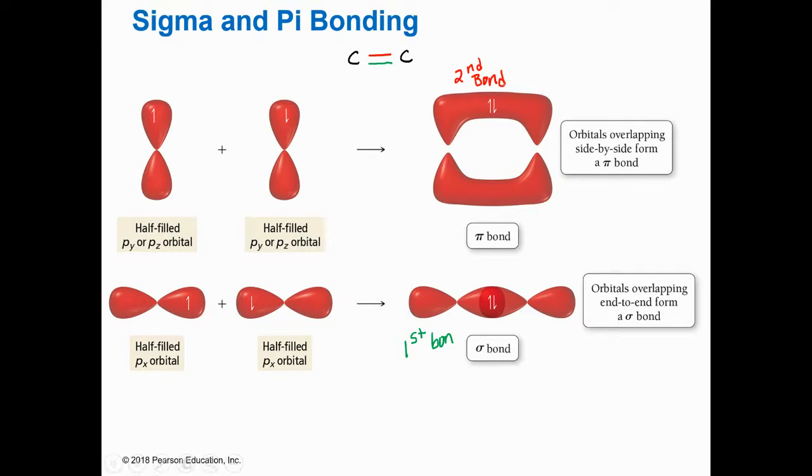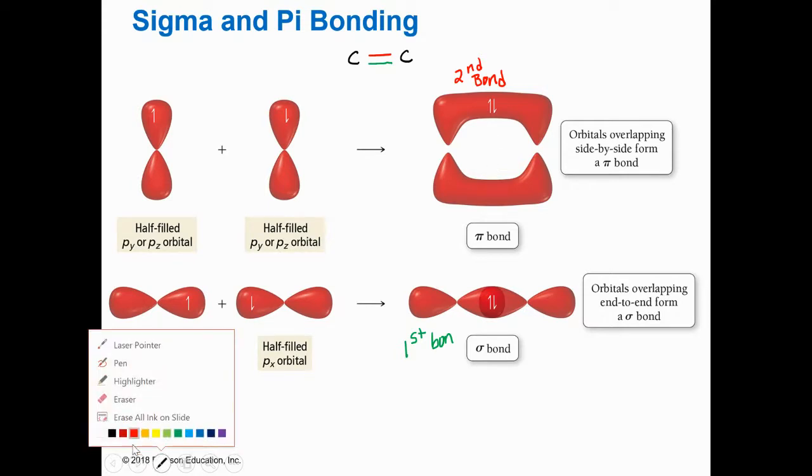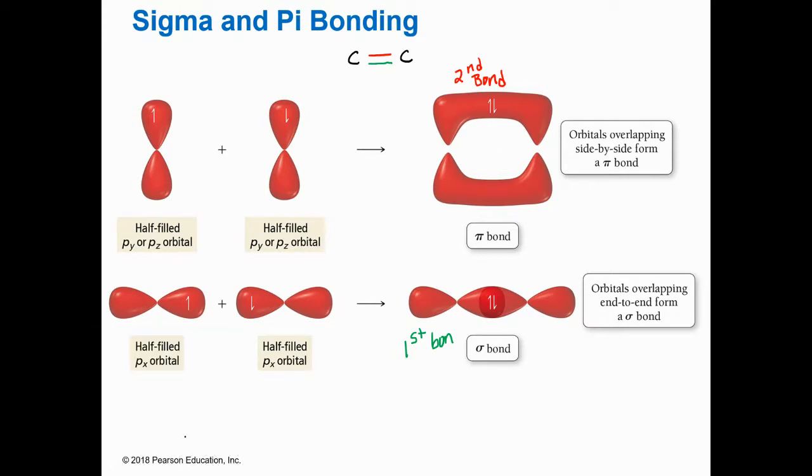Okay. Now, if you can imagine, and it's hard to really kind of see, the red line I drew, that is my pi bond. It's done with the p orbitals, okay?